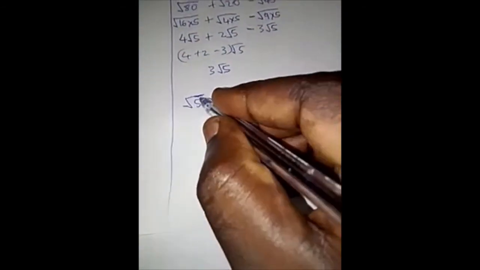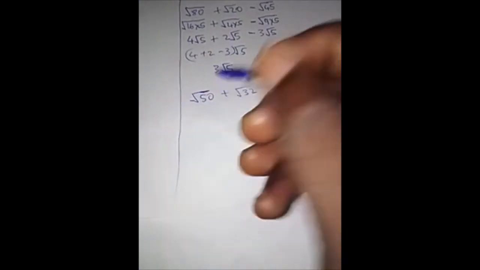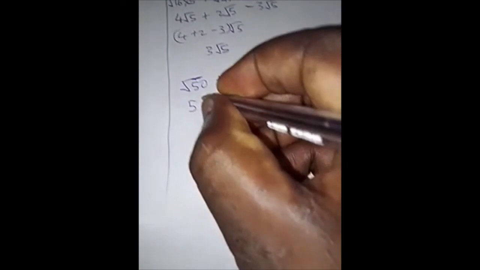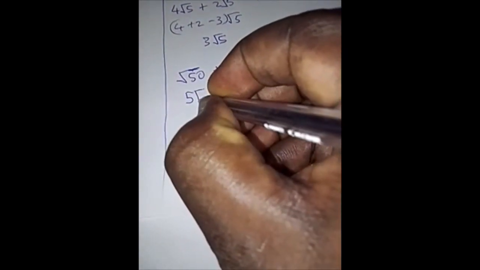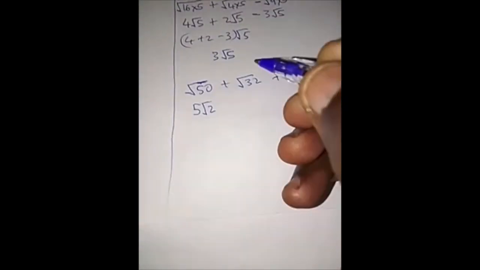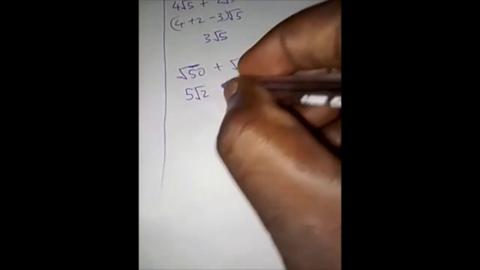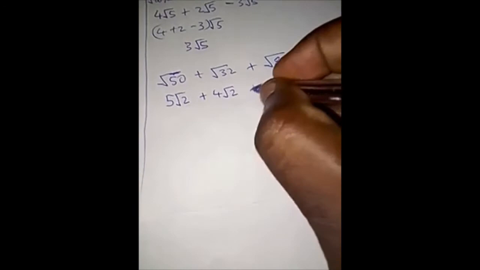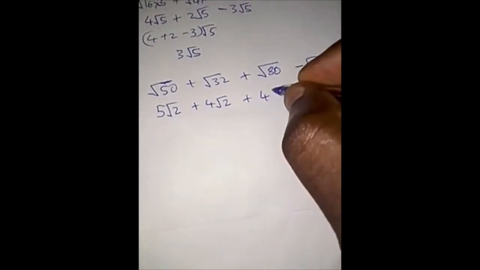For root of 50, as we did earlier, we'll be having 5 root 2, and root of 32 will be 4 root 2, plus root of 80 will be 4 root 5, minus root of 45 is going to be 3 root 5.